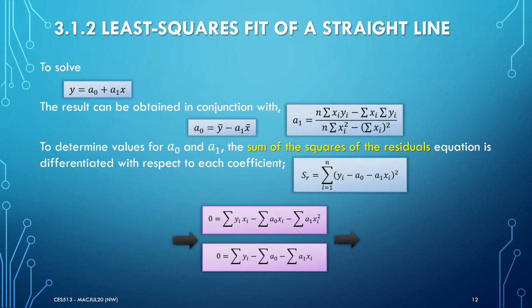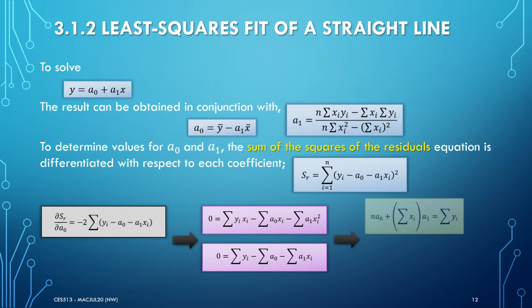So when we differentiate the equations of SR with respect to A naught, the final equation we will get is n A naught plus sum of xi A1 equal to sum of yi.